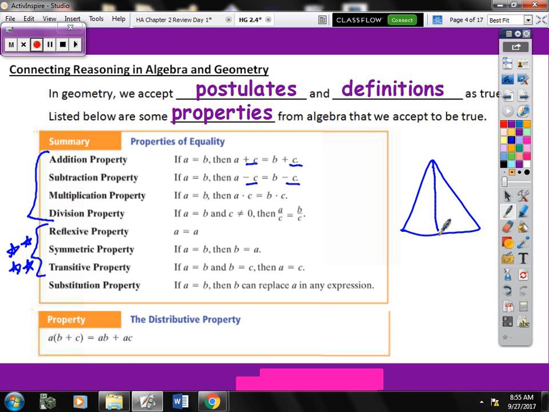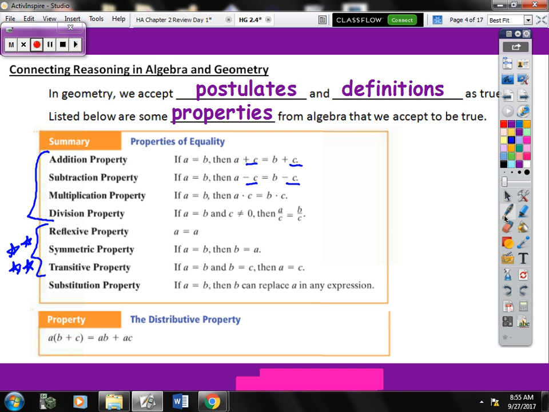So if you have 2 triangles, do you see how this side is shared between the left triangle and the right triangle? We would be able to say that segment AC is equal to segment AC because they have to be the same length, they're the same segment. Does that make sense? But we'll get there a little bit later. One way to remember that one is like when you look in the mirror, you see yourself, reflection, so reflexive.